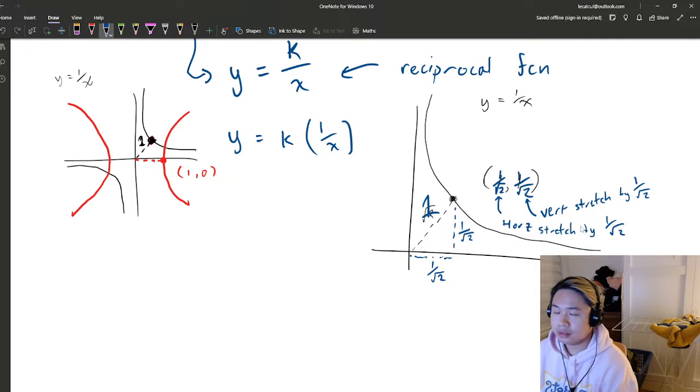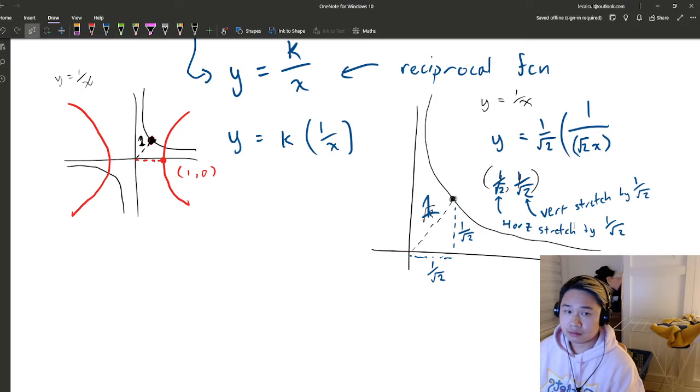And so in terms of function notation, here's my vertical stretch transformation, and then here is my horizontal stretch transformation. Note that this one is root 2, whereas this one is 1 over square root 2.